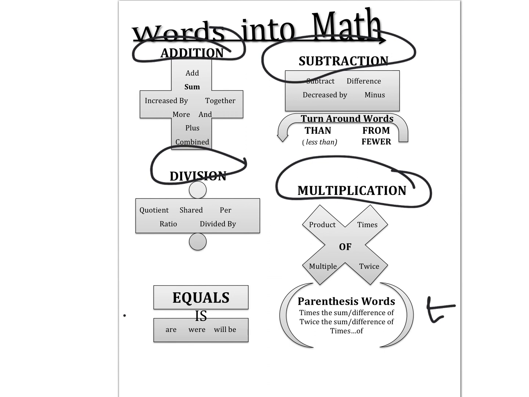You can see how it's set up, right? It's all in the shape of the operation to help you remember as well. So go ahead and pause the video. This might take a moment or two to make sure you have these written down. And then on the next slide, we'll just do a couple examples of using these words.